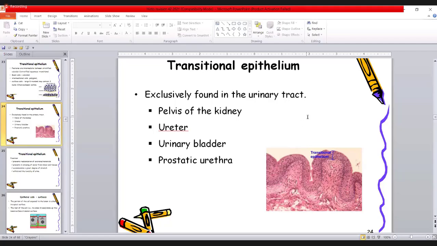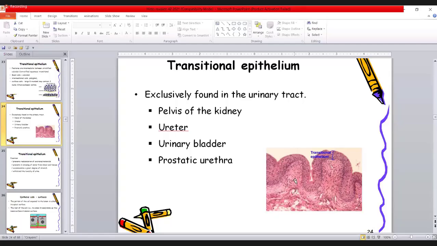So all these functions are performed by this transitional epithelia. You need to know for all epithelia the function, how these cells are adapted to perform these functions, and their location.